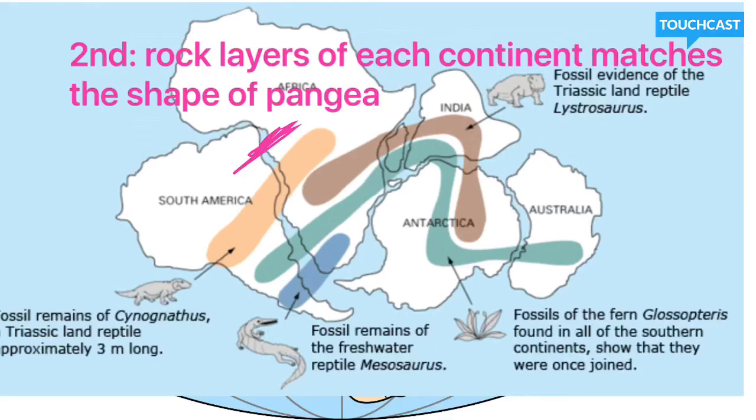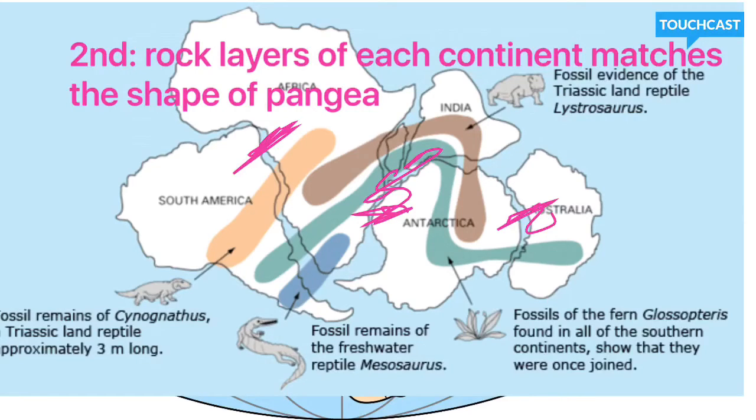And the rocks over here of East Africa match up with the rocks of India and Antarctica. Same thing for Antarctica and Australia. They match up. If you look at the top half, that's not shown here, North America, Greenland, and parts of Europe would all have the same types of rock.